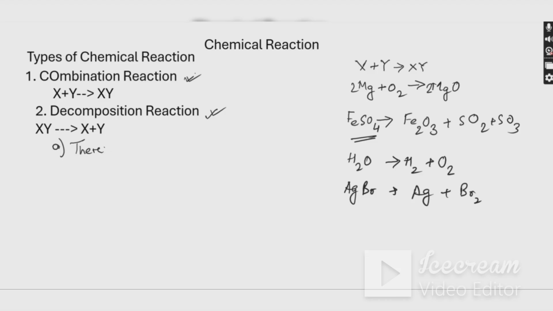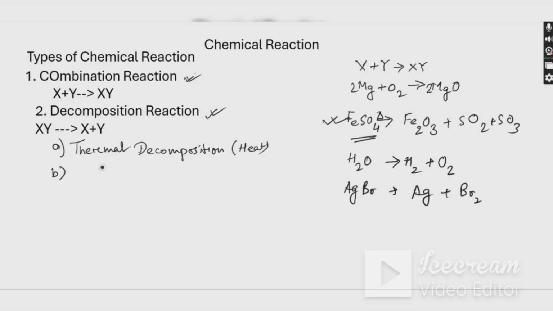So I name it thermal decomposition reaction. So FeSO4, if you heat it, then it forms Fe2O3 plus SO2 plus SO3. That is thermal decomposition reaction, when you are using heat to decompose.